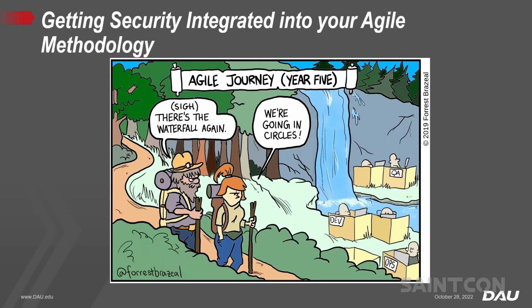That's a key thing within this comic that I enjoy: many Agile programs start out great, but there's that waterfall again. In this case, after 5 years, they're going in circles. They aren't actually making things better. They're just looping back. Teams change, leadership changes, the people that are pioneering your Agile process move on, and it's not done right.